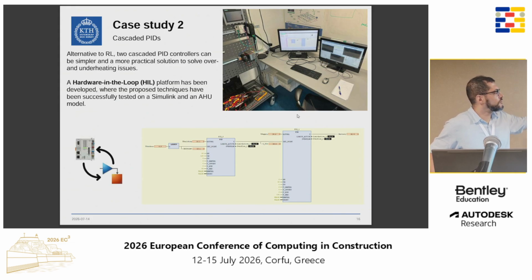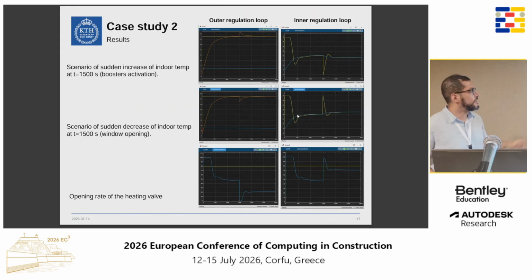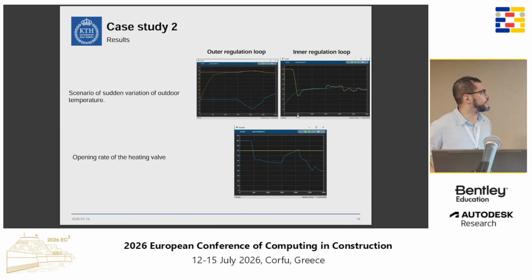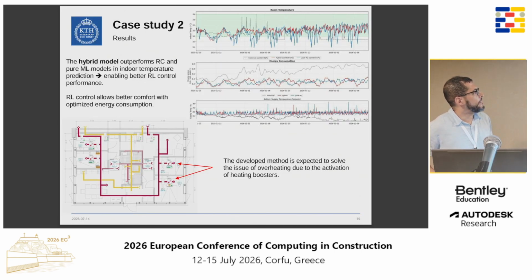Yeah, so we just want to solve this with 2 cascaded PIDs. Here you see some results of how we could already solve the overheating with just 2 cascaded PIDs, instead of going for a sophisticated technique like reinforcement learning. You see here when the boosters run, there are some electric boosters inside the apartments.